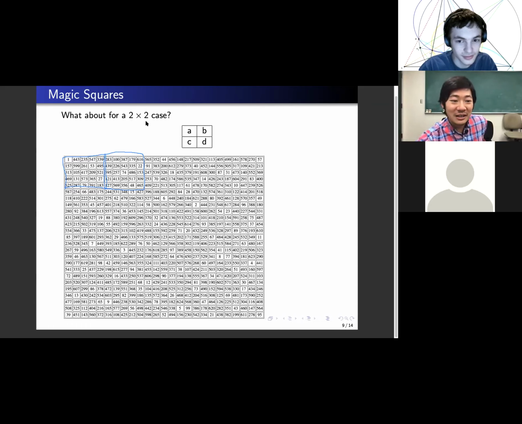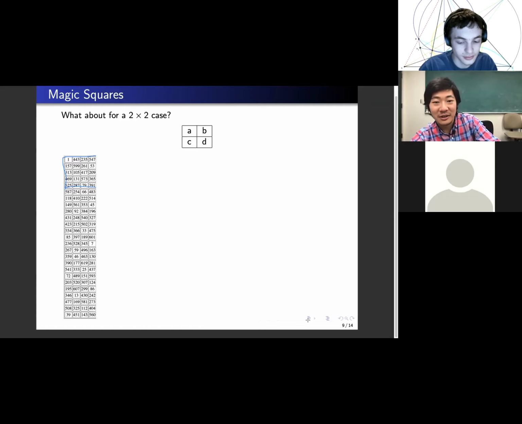But let's try to use linear algebra to find if there are any magic squares for a 2 by 2. So the equation that we would need to solve is, well, actually, first of all, if there was even a magic square, then what number would it need to be?